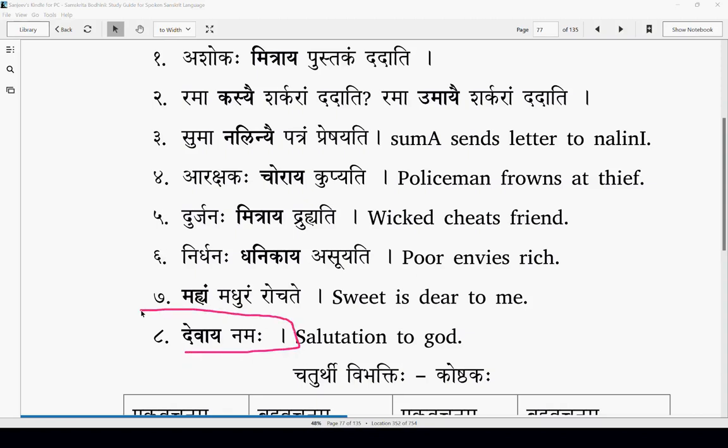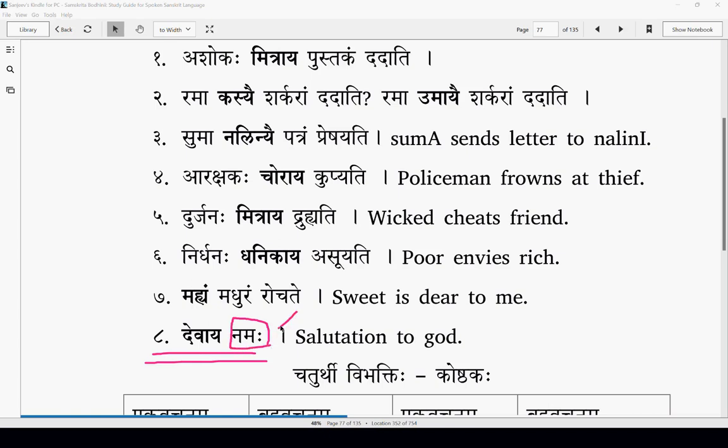Now, the next example here is Devaya Namaha. This is another special usage of Chaturthi Vibhakti. We'll be able to finish only Chaturthi today. I thought I'd cover more, but no issue. Namaha is the word.